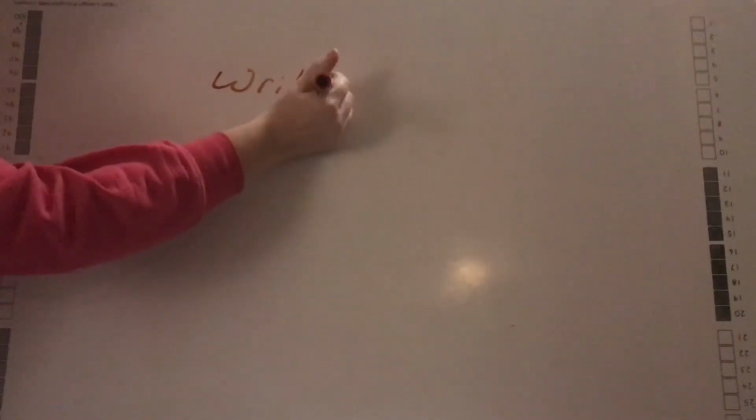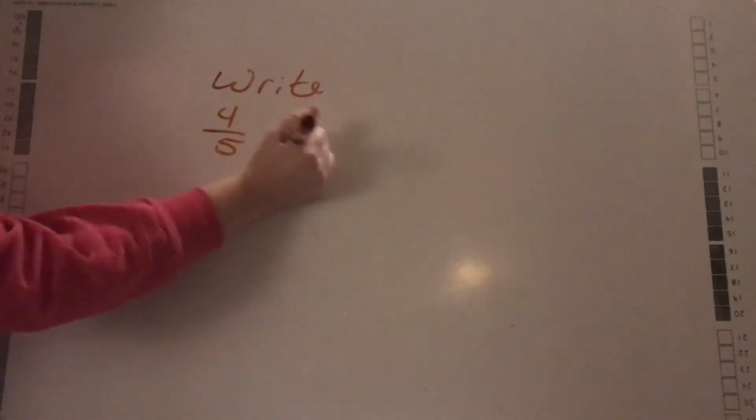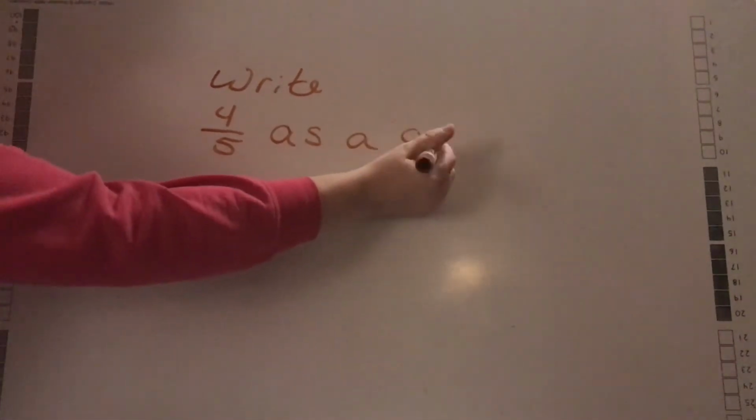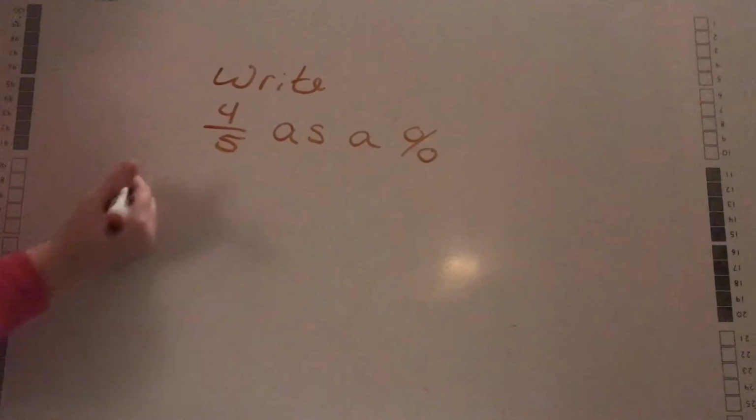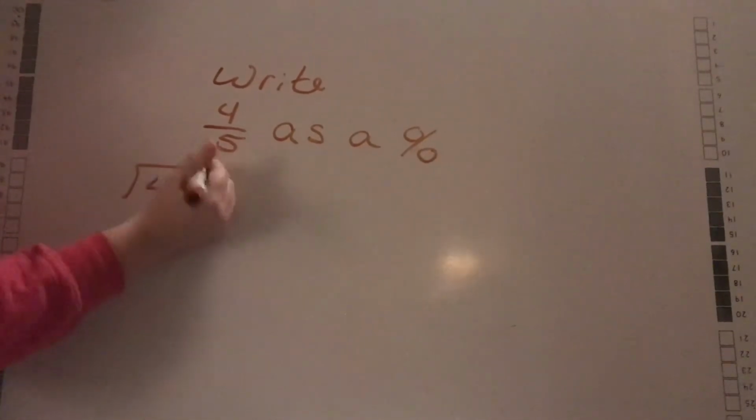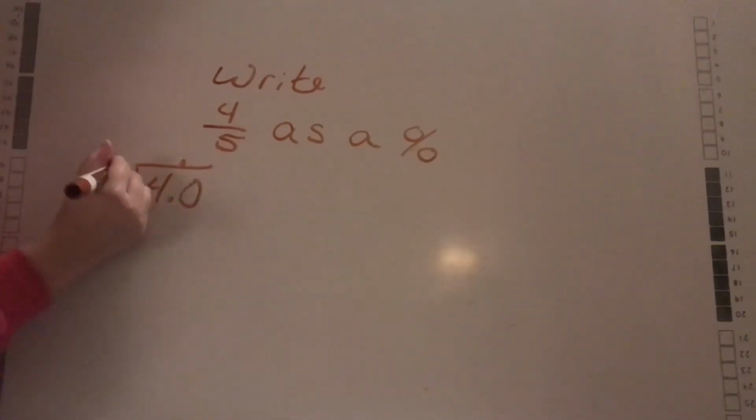So let's look at the next one that they give us. They want us to write 4/5 as a percent. First let's do paper and pencil. You would take 4 and divide it by 5.